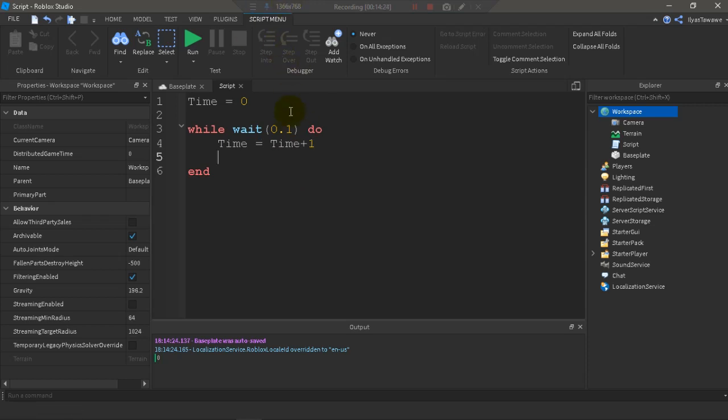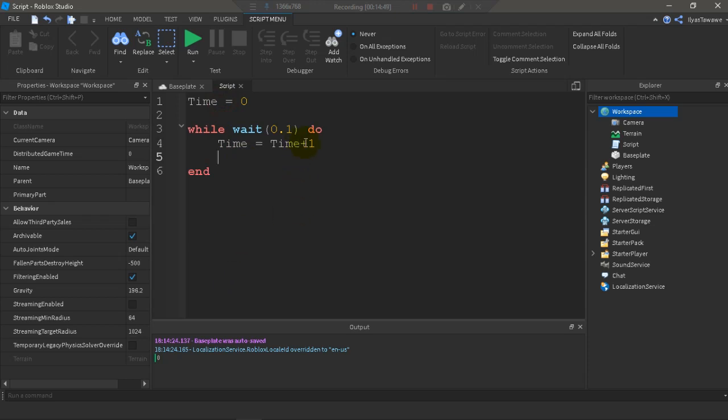Let's just go with it, and then we're going to apply it in a real thing in Roblox Studio. So every 0.1 second we're going to add a 1 into the time.